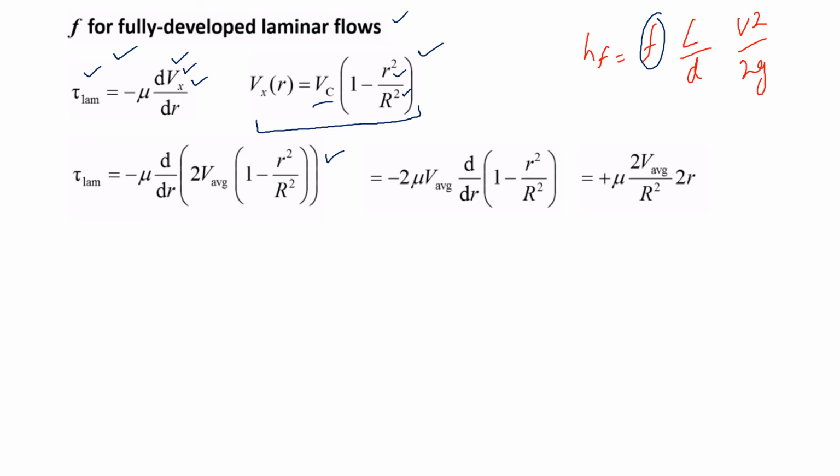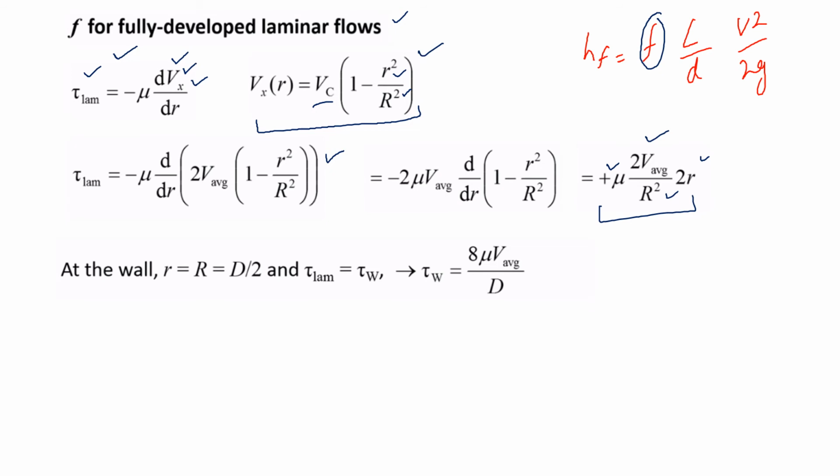So this is what we get: the viscosity, the average velocity, the radius, and 2r. If we take the wall, where the radius is maximum, and put r equal to d by 2, we can get our value for wall shear stress, that is 8 mu V average over d.